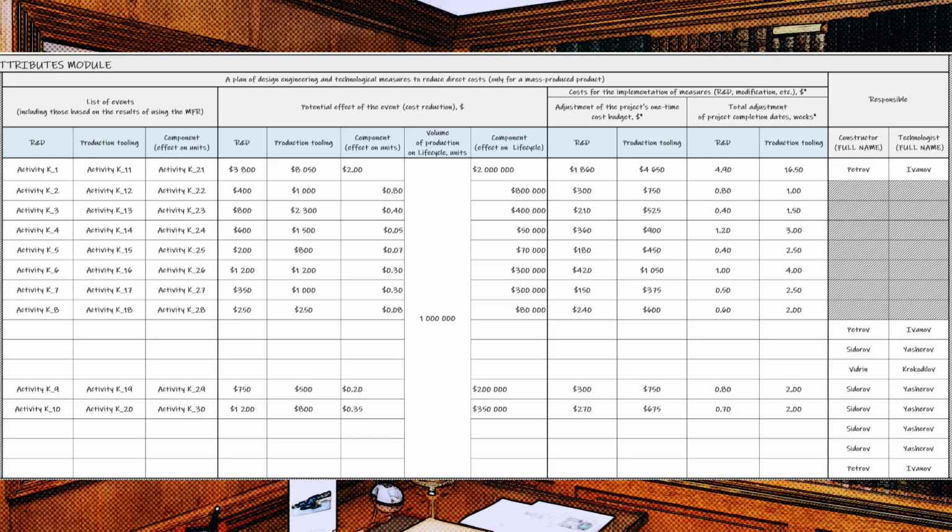In terms of filling out the responsible section of the design attributes block, I think detailed comments are not required. We just note that in the cost engineering attributes and procurement attributes blocks, there is only the responsible person we are talking about, the cost engineer and the buyer respectively, and in the design attributes block, the responsible are the design engineer and technologist.